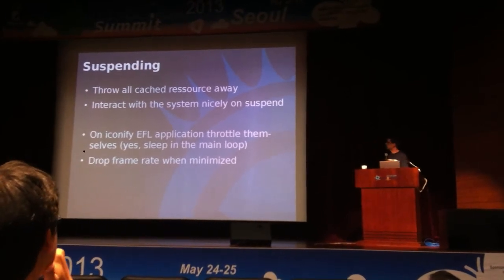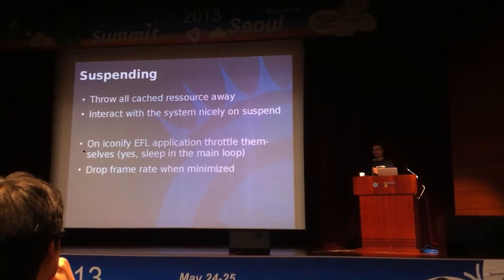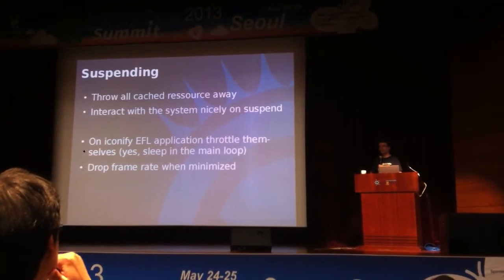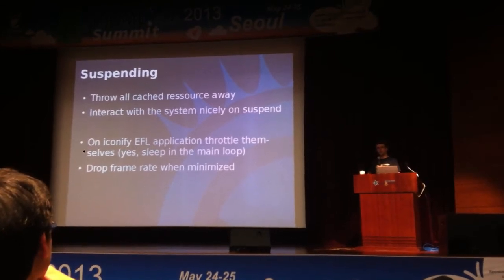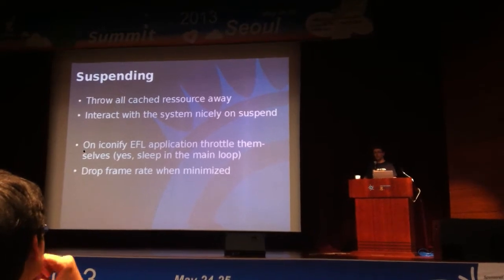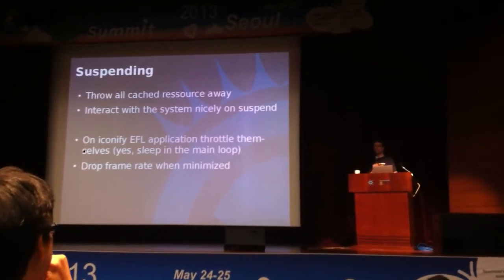What we do in Enlightenment and EFL is that we throttle ourselves, we sleep. Every application will start to sleep if they get unfocused. This means that they will not wake up the CPU for the next 2 seconds, whatever happens. This is a way to force them to slow down on the number of updates they do.